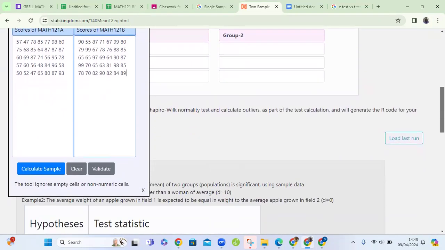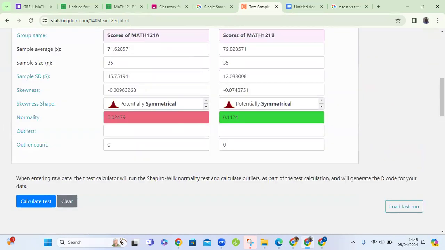And we simply calculate. And here we have it.